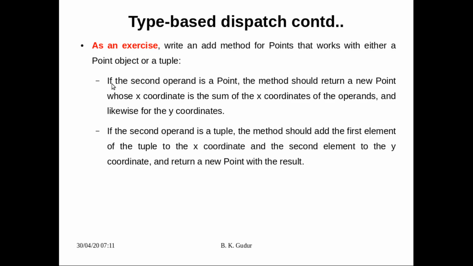If the second operand is a point, the method should return a new point whose x coordinate is the sum of the x coordinates of the operands, and likewise the y coordinates. If the second operand is a tuple, the method should add the first element of the tuple to the x coordinate and the second element to the y coordinate and return a new point with the result. I hope you can try it. If you come across any difficulties, you can always ask me.